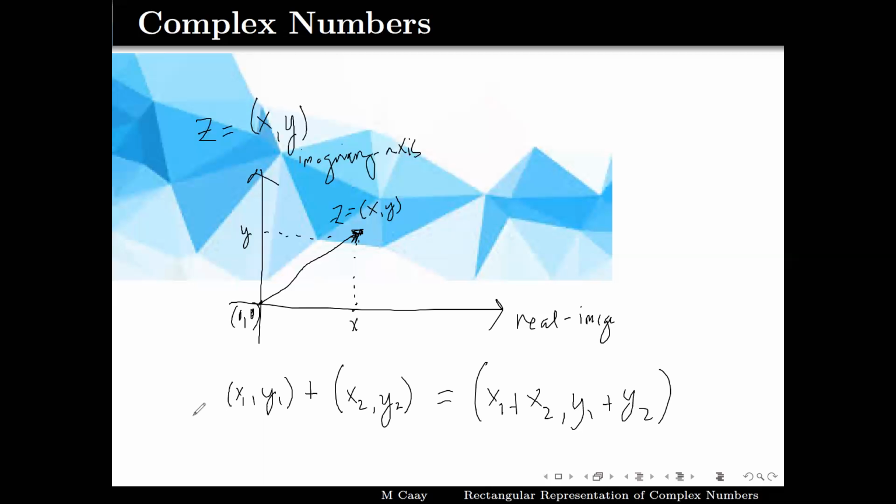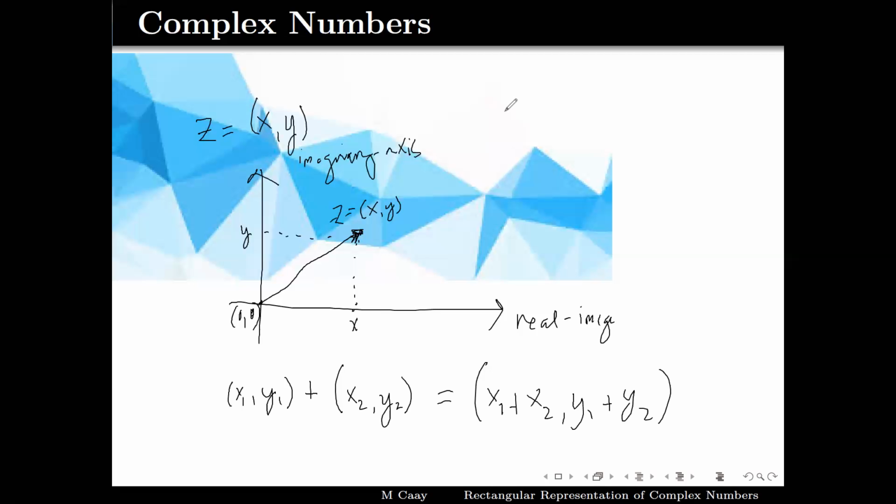We can provide a geometrical interpretation via the parallelogram method. This is a directed line segment from the point (0, 0) to the point (x, y), so it's actually a vector representation. This addition is the same as the vector addition we have in physics.